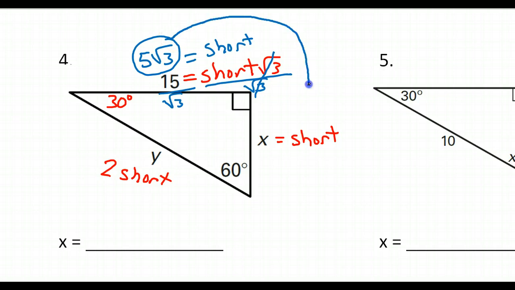So that tells me this right there. Since x is the short leg, x is 5 radical 3.